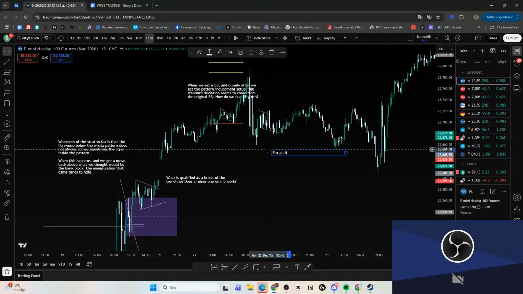For an A+ setup, the reversal should be fast. If not, chances are you are offside, and it is best to exit.